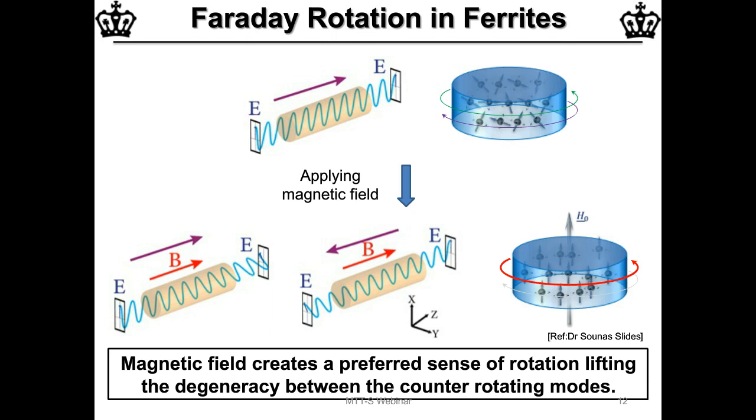And this method of operation in ferrites is interesting because it sheds light on what you fundamentally need to achieve non-reciprocity. You need some way of providing a bias or a preferential direction of propagation for waves in that medium. And here that's being provided by the magnetic field.